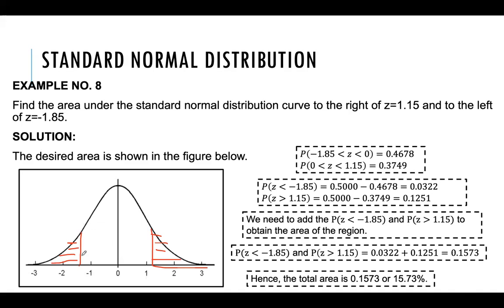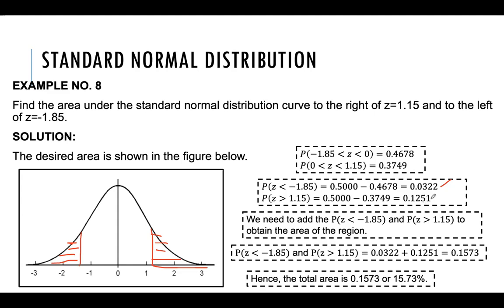We get 0.0322. Then the probability of the area to the right of the z value of 1.15: subtract 0.3749 from 0.5000. Class, remember, the table 2.9 value is the area between 0 and the given z value.